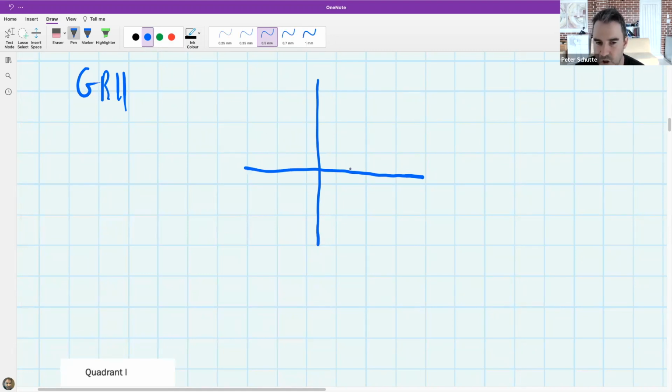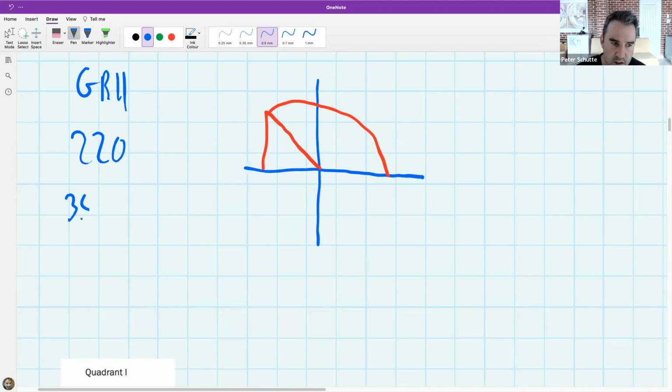For example, I showed you an angle like 150, which goes into this quadrant. We need to think about how to describe the sides of the triangles in grade 11 trigonometry, when all of a sudden you can have angles like 220 or 350. We need a way of describing it, and SOHCAHTOA maybe doesn't work quite as well.